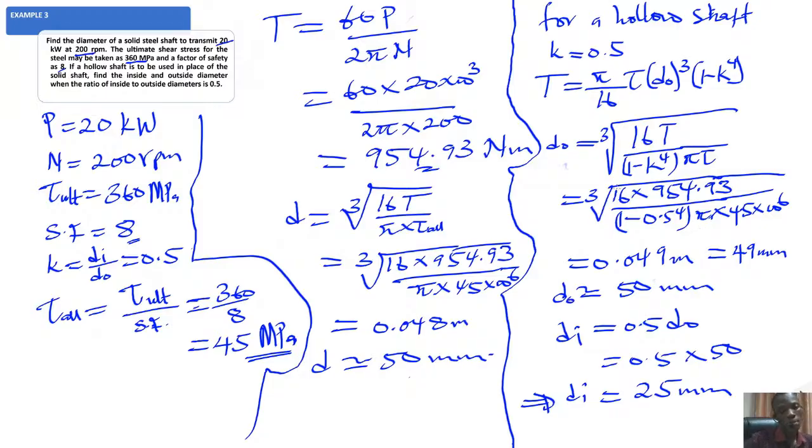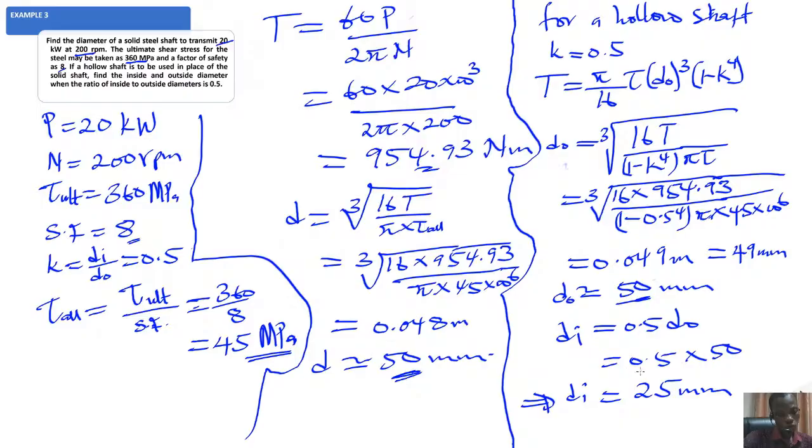All right, so again from this information we are having, we can see something happening here: the D naught, which is the outside diameter for the hollow shaft, is the same as the diameter for the solid shaft, also 50.